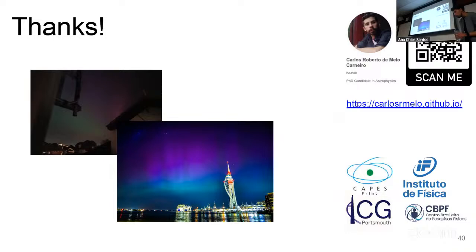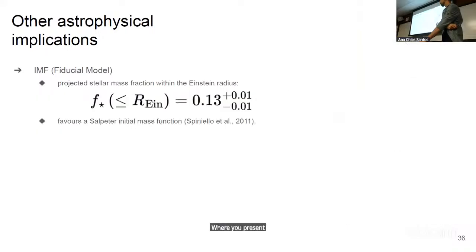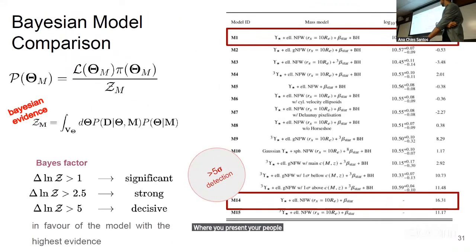This slide is where you present the data for the models. You say delta log larger than 5 is significant, but it's significant against it. Because the 0 is the best.